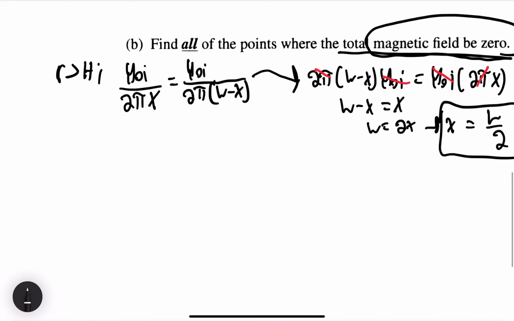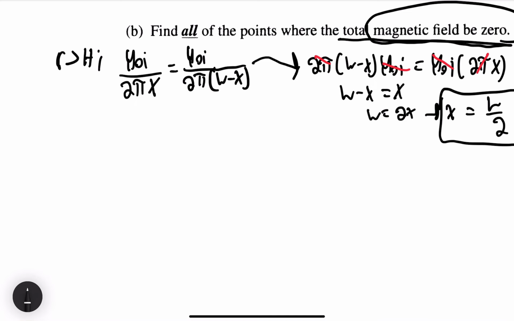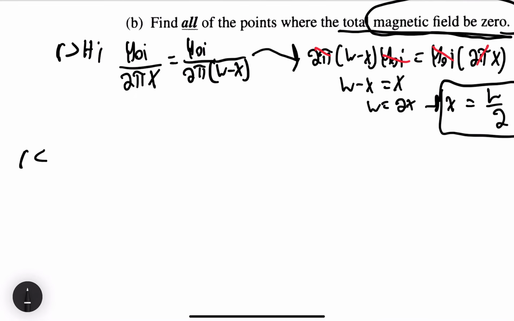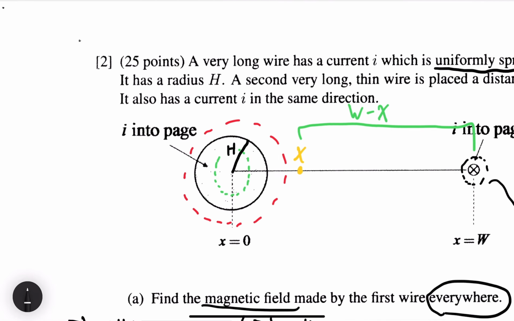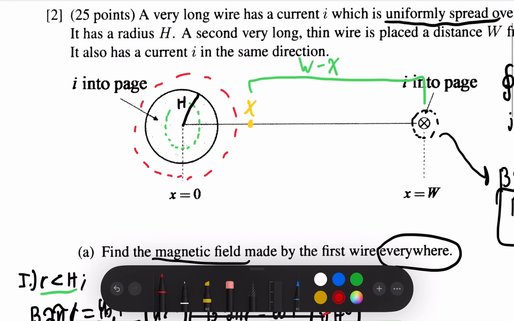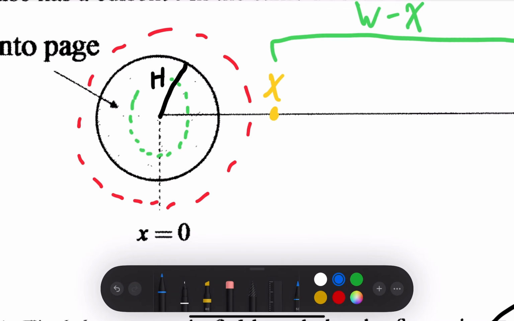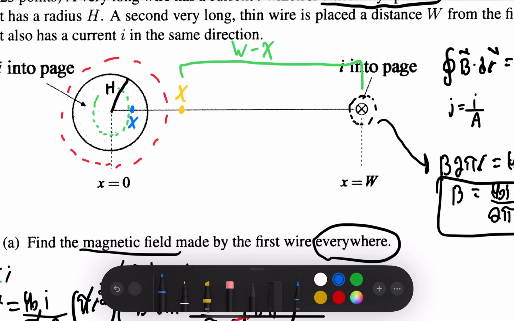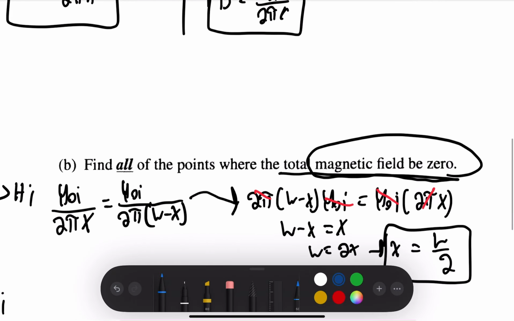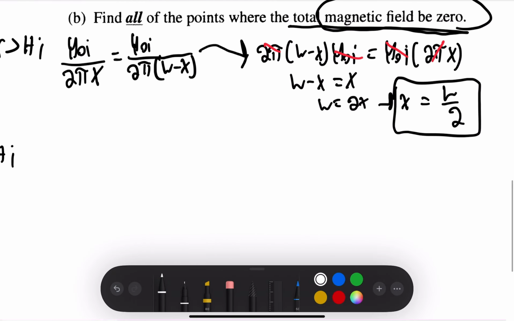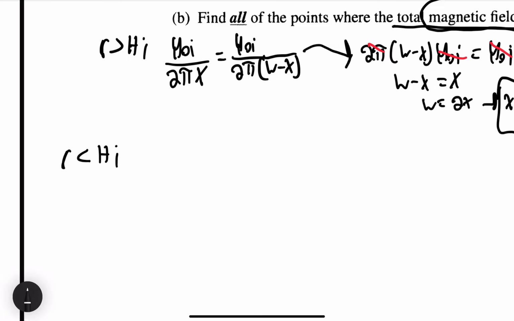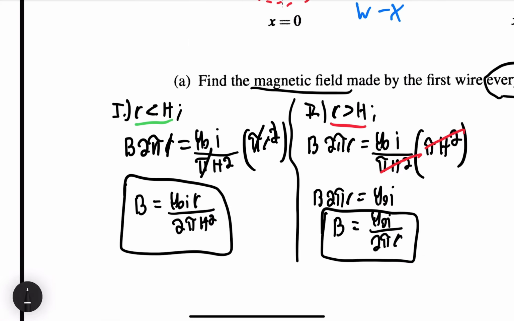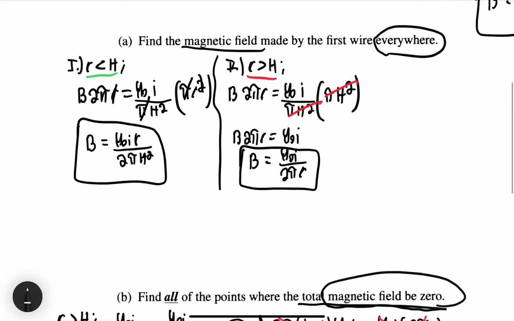To find the second one, we will need when r is less than h. So now I would have another x, which, let's say, I'm going to use blue. Let's say this is x. And then same thing, this total distance would be w minus x. So the same thing pretty much, wherever we see r, we're going to replace with the new temporary radius we're making of x.